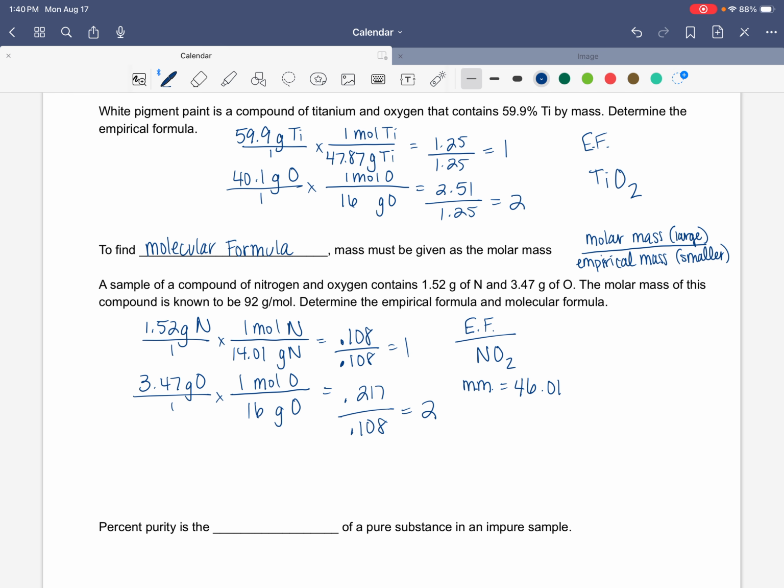So if I take my molar mass, which is my larger number, 92, given in the problem, divided by the molar mass of the empirical formula, 46.01, I get a multiplier of 2. So this is our multiplier. Okay, and so we're just going to take the empirical formula and multiply each of the subscripts by 2. So my molecular formula will be N2O4.